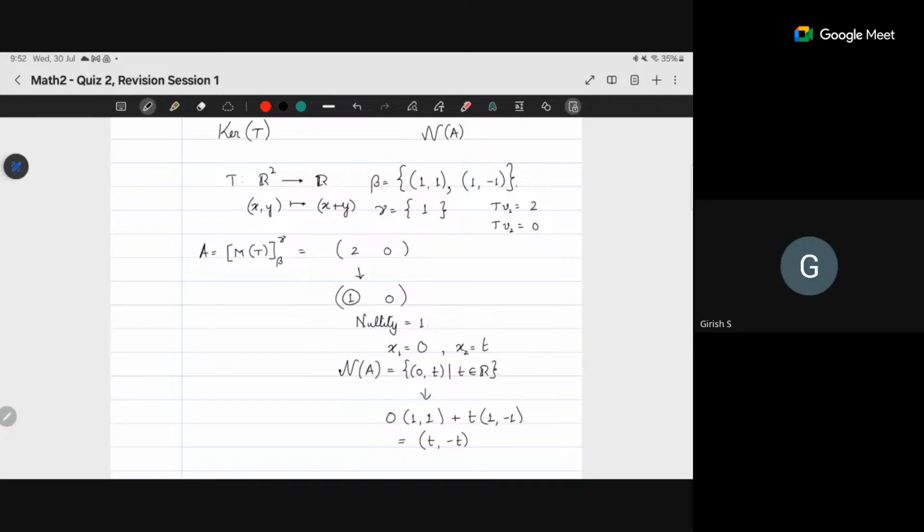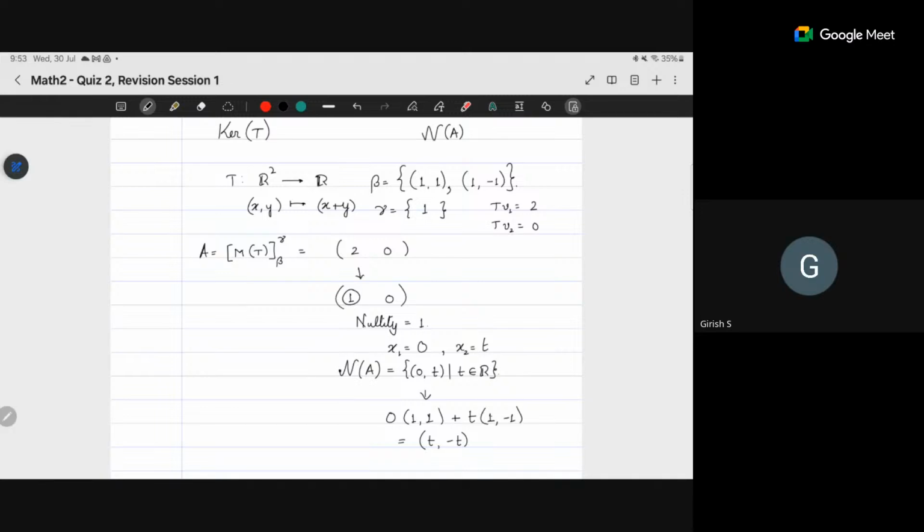If there is more than one element, we should substitute them as well and we will get a different form, is it? What do you mean by more than one element? If there is x1, y1 and x2, y2, then we should substitute both of them and we get two different forms, right? Here we have only (0, t), so we just substituted that. The number of coordinates in the null space of A will be exactly equal to the number of basis elements over here.